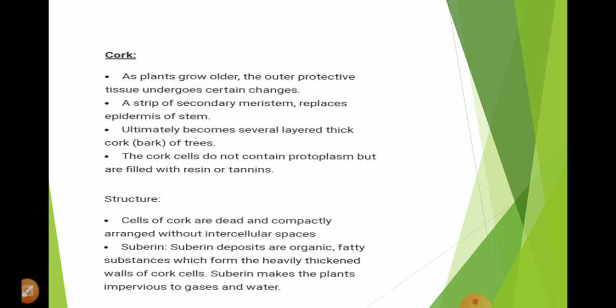Now the question again: what is the meaning of cork cambium? Actually cork cambium is an example of a meristematic tissue which divides to form this cork, bark, etc. So what is a cork cambium? Cork cambium is a dividing tissue which makes cork cells and the bark cells.